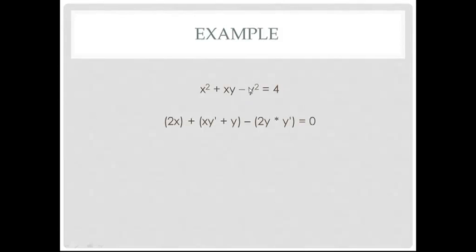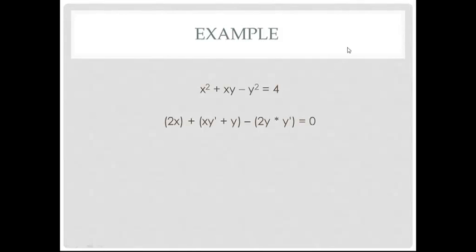To differentiate y squared with regard to x is more difficult than a beginner might think. Normally, if you were differentiating y squared with regard to y, that would be one thing. But we're not differentiating with regard to y. We're differentiating with regard to x, and so we're going to have to use the chain rule.